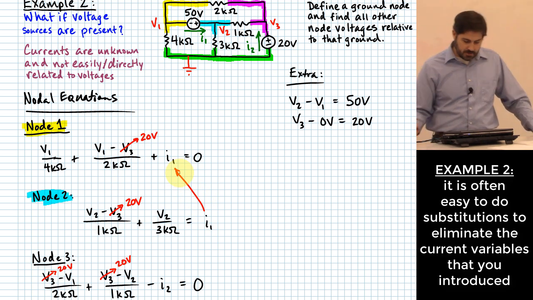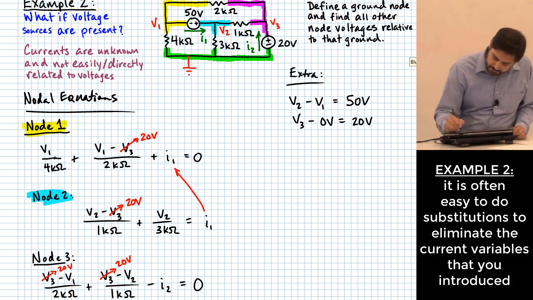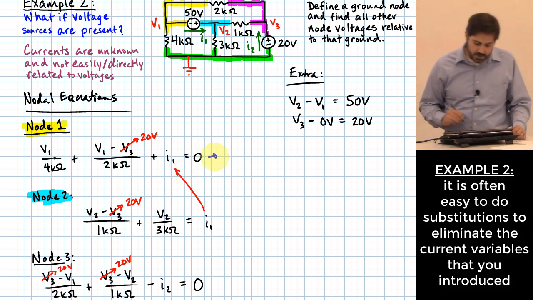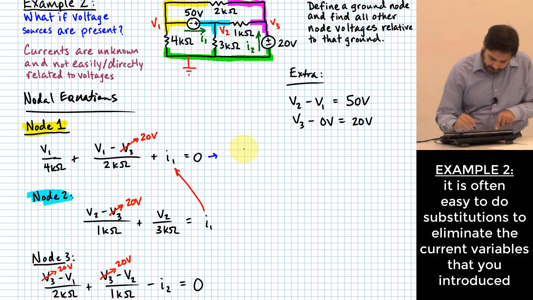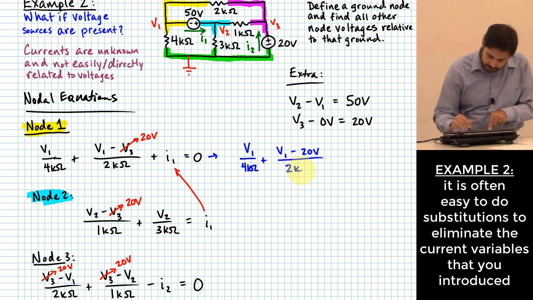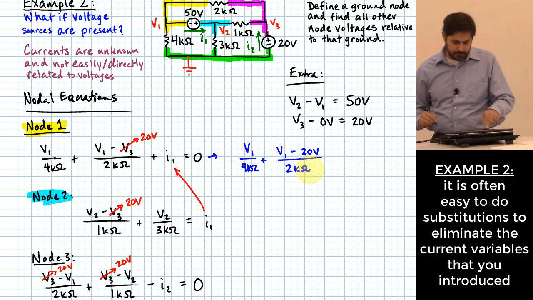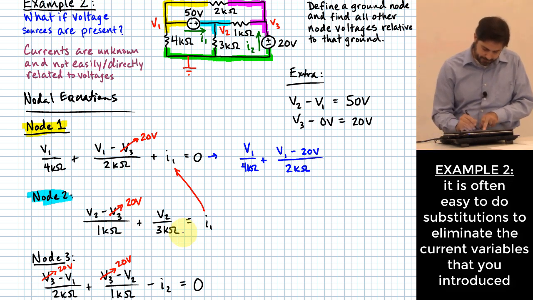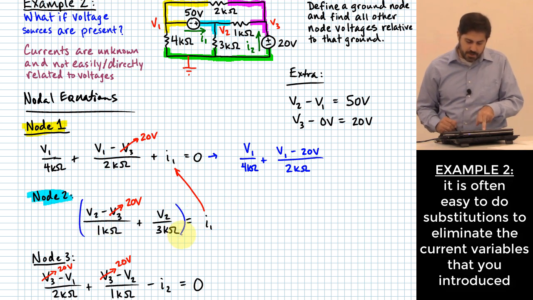Right? So let's see what this equation becomes once I plug that I in. I'm going to have a V1 over 4 kiloohms plus V1 minus 20 volts over 2 kiloohms. Then lastly, I have to put in everything that was to the left of this equal sign right here.